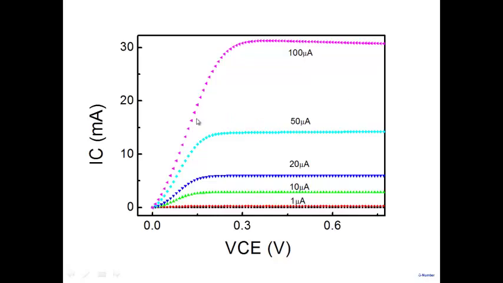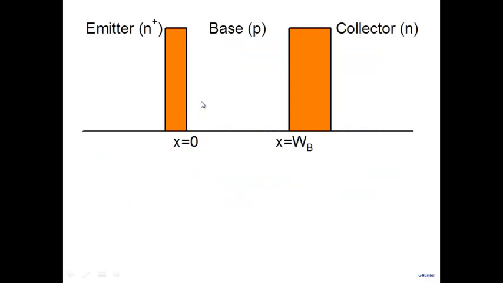Now the issue is, why does this current drop as I go here, when we know the base collector junction is getting forward biased? Let's see a possible explanation. This is our emitter, this is base, and this is our collector.